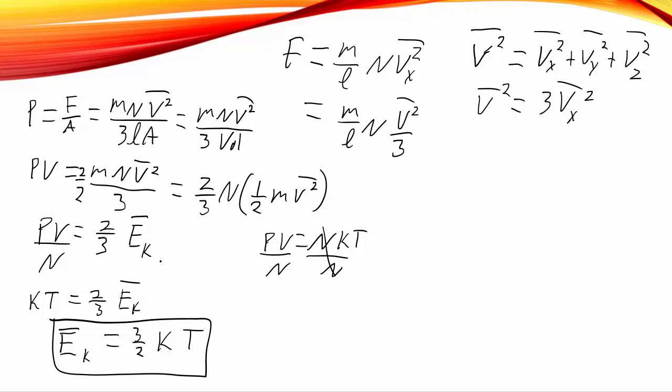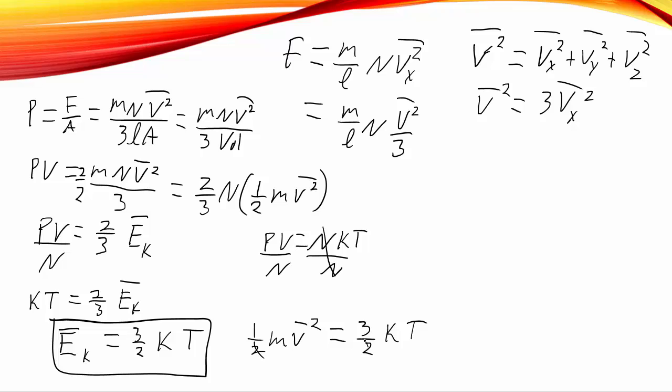Now if we back up, let's go from right here and plug in 1/2 m average velocity squared equals 3/2 kT, just plugging in our expression for kinetic energy. We can get one more equation that's going to be useful, where we solve this for the velocity. So we can know the average speed of the particles of a gas just by knowing the temperature.